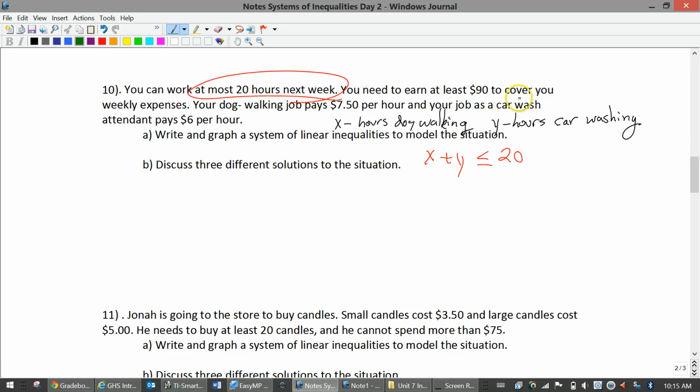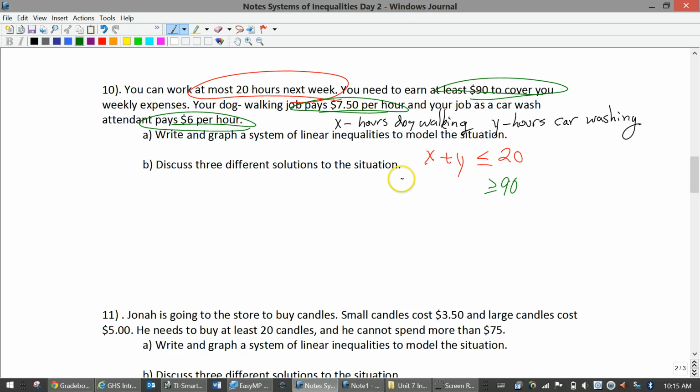Next piece, we have another total that shows up, $90. We also have more information about the amount of dollars you can make based off of those two statements. So those all funnel into the same inequality. The amount of money we want to make is 90, so we want to make either that amount or more. Okay, and the $90 is made by washing cars and walking dogs.